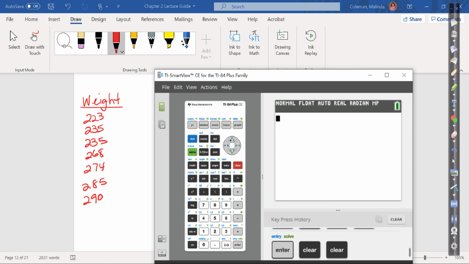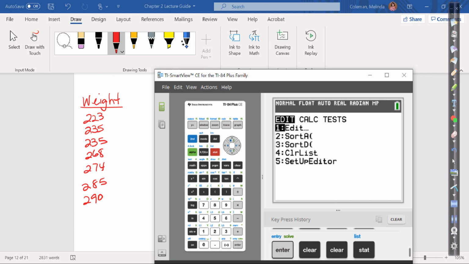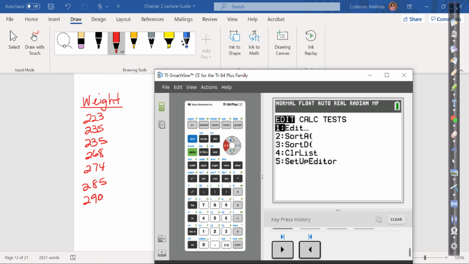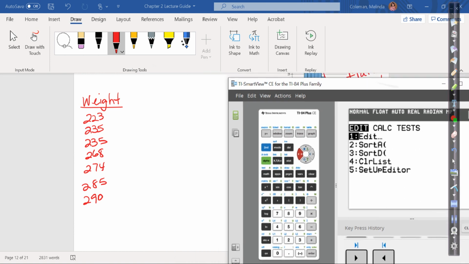So on your calculator, notice this button right here that says Stat. That's where you're going to do a lot of your data pulling. We're going to do a lot in Edit, and we're going to do a lot in Calculate. Edit is where you're actually going to enter your data. So Edit is Enter.